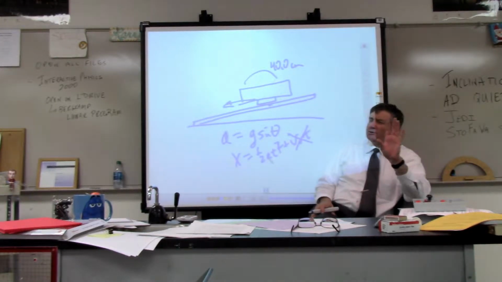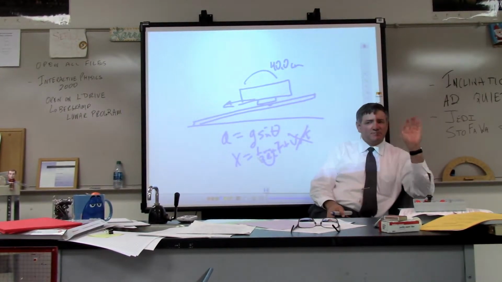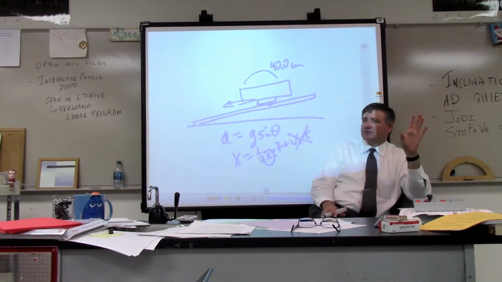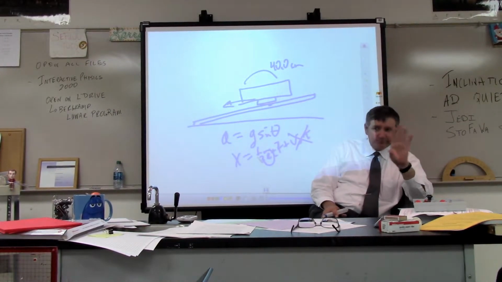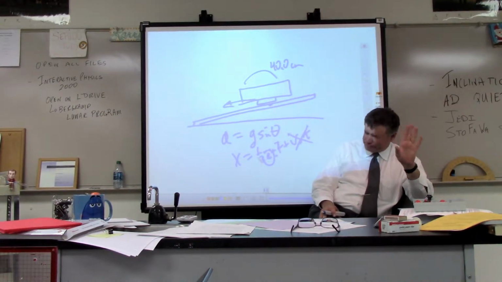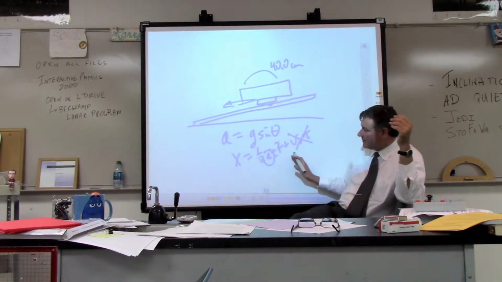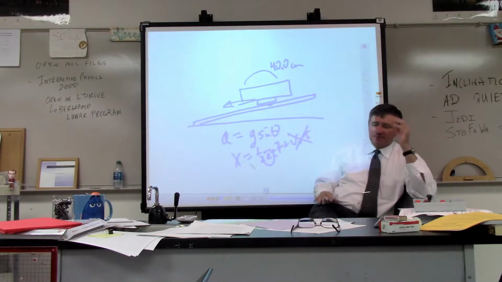Now, notoriously, this acceleration tends to be a little bit less than your theoretical acceleration. That's normally how it plays out. It might be greater, but normally it's less, because there's normally a little bit of friction in the system. Okay, so here's my actual acceleration.